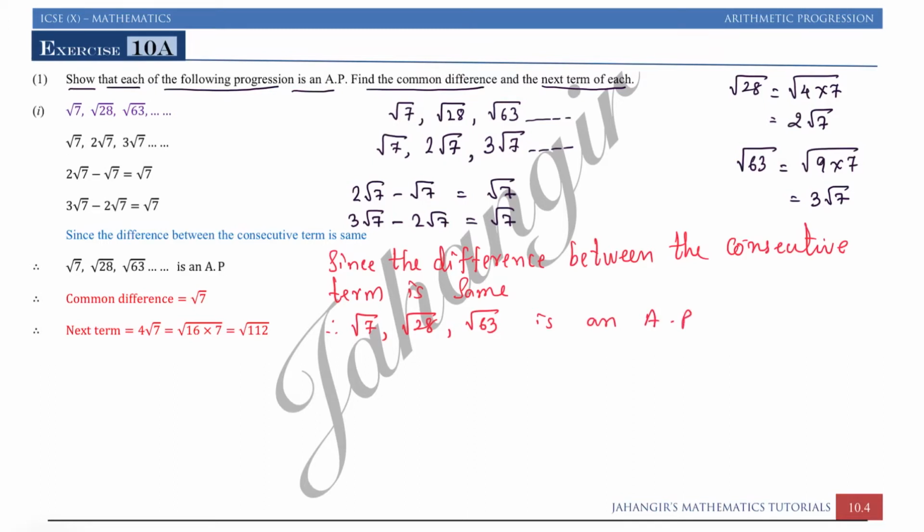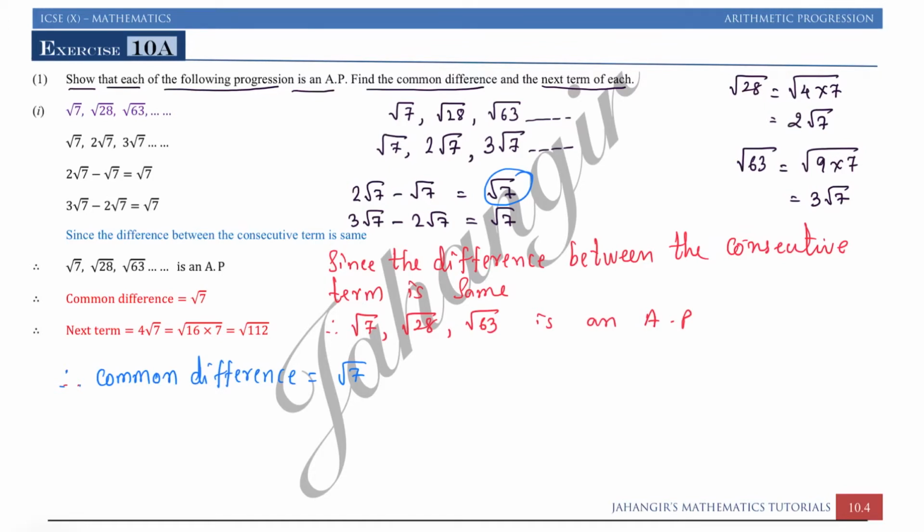Okay, here we had proved it is an AP. Now we have to find common difference, so therefore I can say common difference is root 7, because I had already found out over here second term minus first term. Common difference is the difference between the consecutive term.